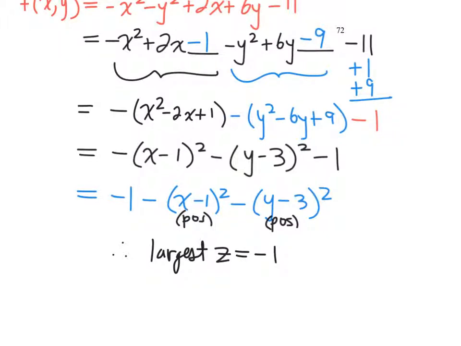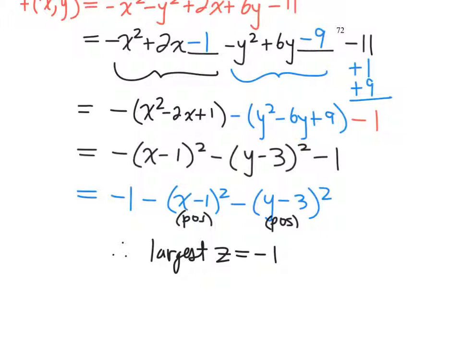Therefore, the largest z has to be equal to -1, because if I pick any 2 positive numbers, start with -1, and subtract them from -1, you're going to get something more negative. If I made it a 2 and a 3, -1 minus 2 minus 3 gives me a -6. That's smaller than the -1.